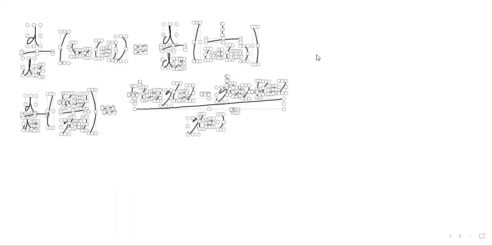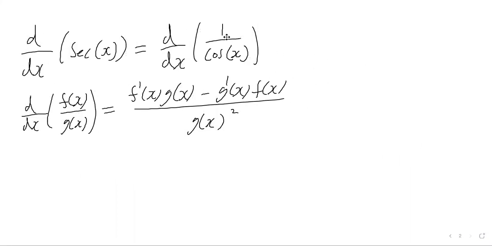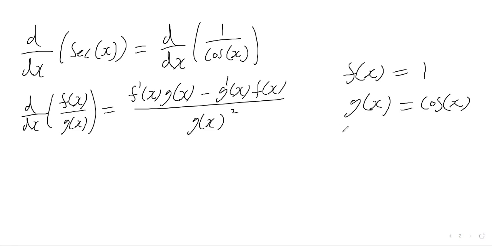And so if we do that, we can just equate f of x to the number 1 and g of x to cos of x. And so we know that when we differentiate the number 1, a constant with respect to x, we're just going to get 0.